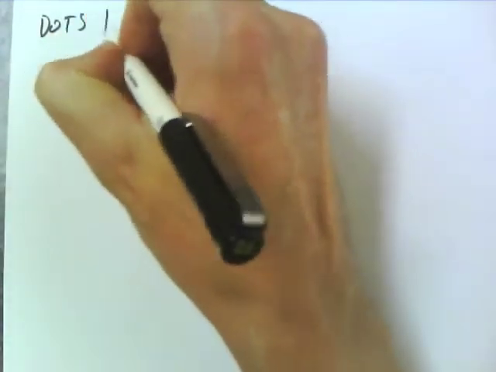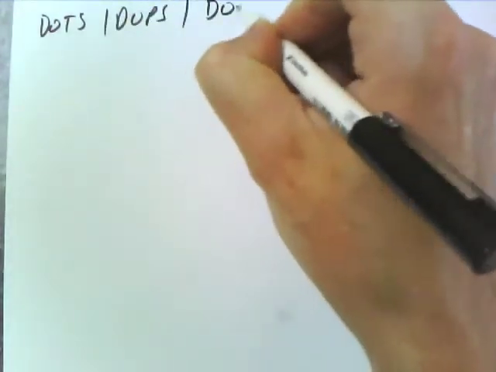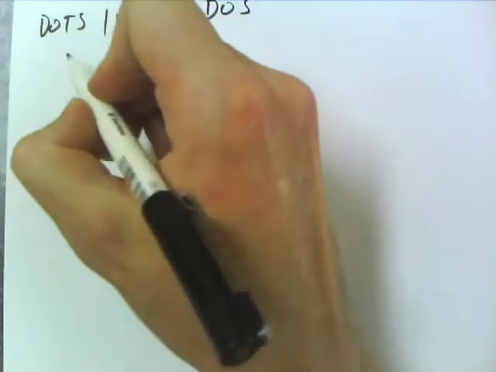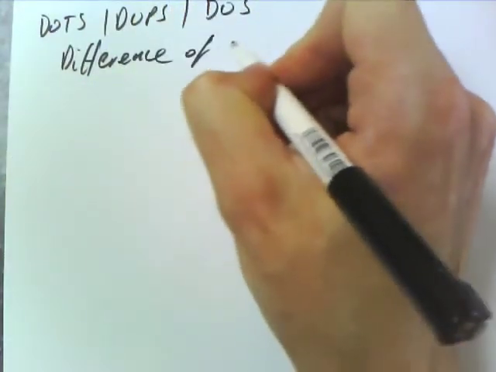The next special case is, I call it dots all the time, but your book calls it DOS. Alright, I call it dots. Your book also has DOS, okay, but it's difference of squares.